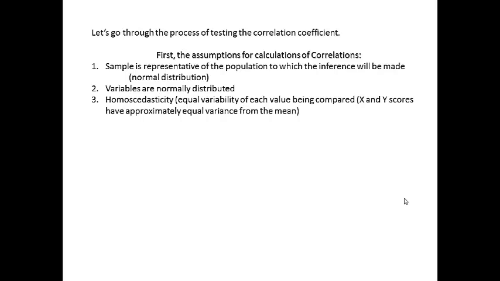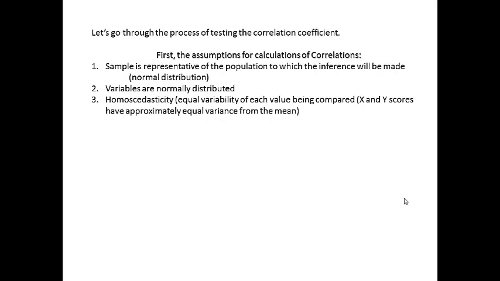Let's go through the process of testing a correlation coefficient. We must first meet the assumptions for this calculation. We must assure that the sample that we've drawn is representative to the population to which we plan to infer our results. We must also assure that our variables are of normal distribution, and we must meet the assumption of homoscedasticity.